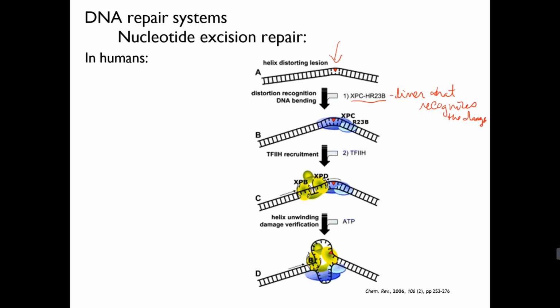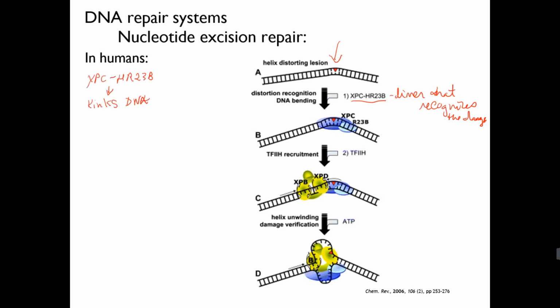When the damage is recognized, the dimer causes an increased kinking of the DNA. Okay, so let me just write this over here, XPC and HR23B. When they recognize that damage, it actually kinks the DNA.